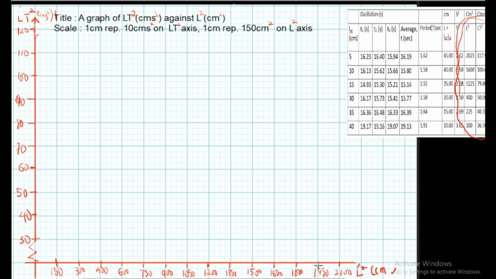If you add 30 to 1950, that will give you 1980. Add 30 again, that gives 2010. Add 30 again, that gives 2040. So what we are looking for is 2025, which should be between this point here.